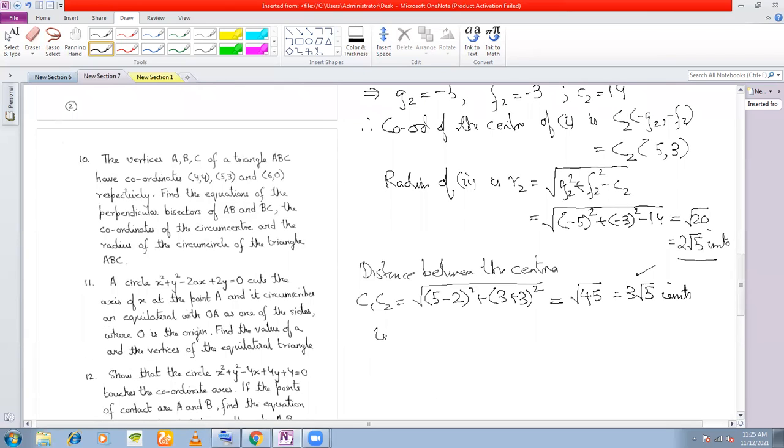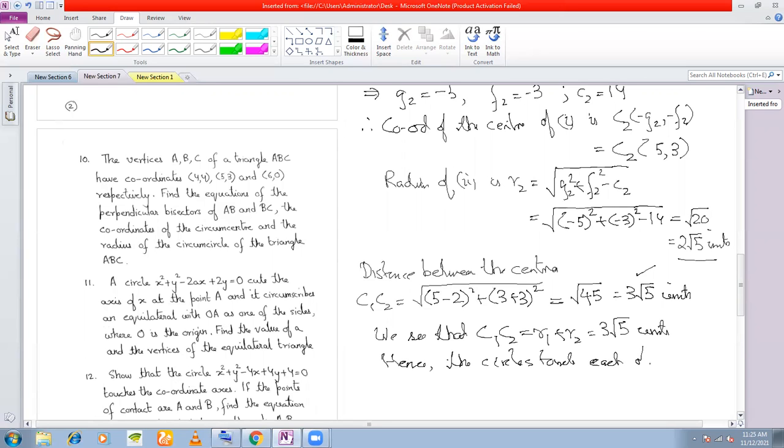So we see here that C1C2 is equal to R1 plus R2, which is equal to 3 root 5 units. Hence, what can we say, externally or internally? Externally. Hence the circles touch each other externally.